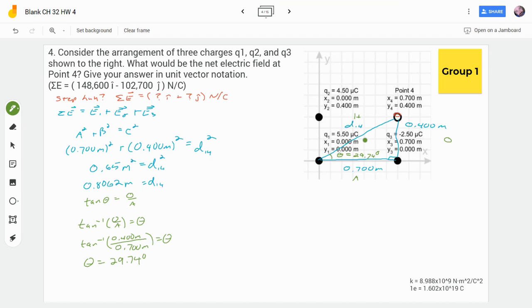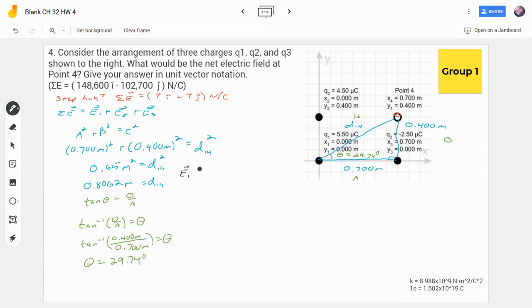All right, so now I need to figure out the magnitude of the electric field at point 4 due to point 1. So remember our formula for electric field. The electric field from a point charge, let's see if I can squeeze this all in here.